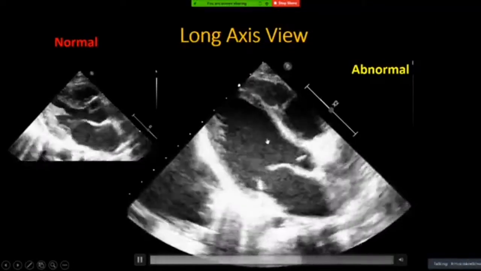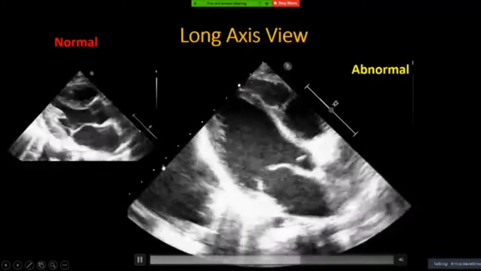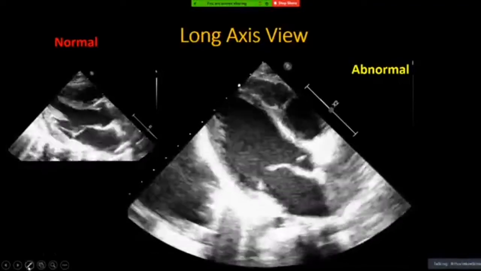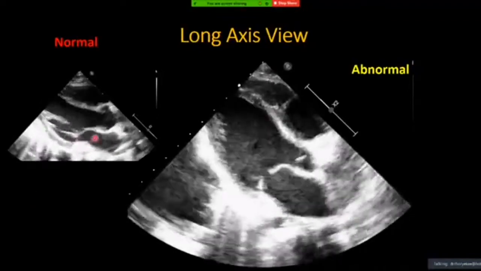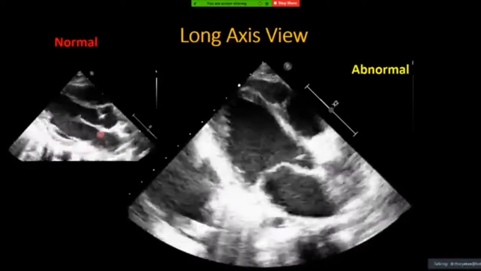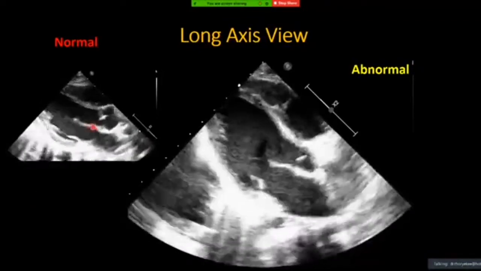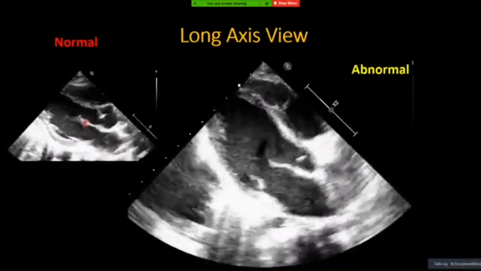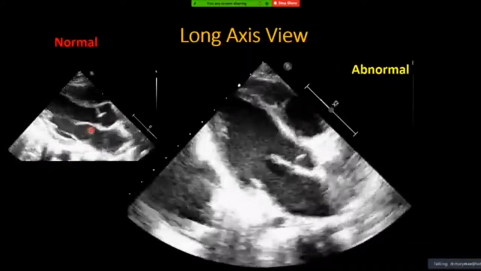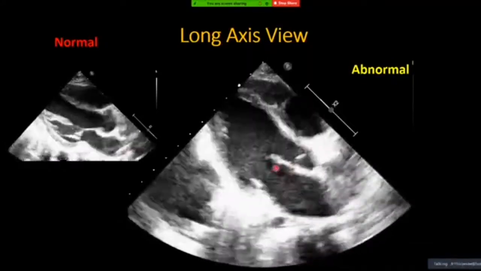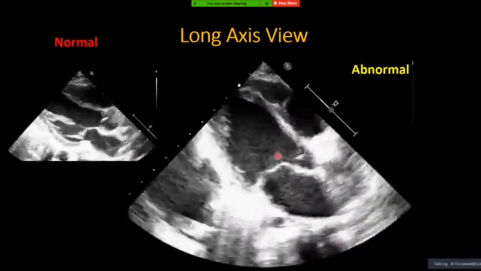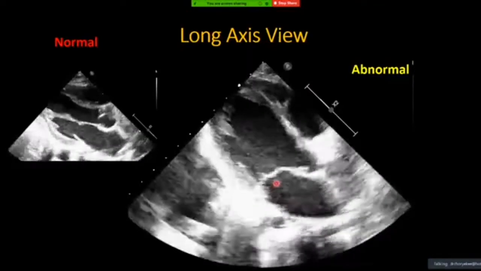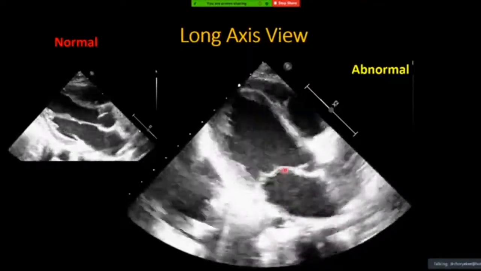After that, we look at the valve, okay? When you look at this valve, it is very happy. This is a very happy mitral valve, opening out nicely, right? And you see that this leaflet, when it contracts, is nearly touching the septal wall, okay? But when you look at this mitral valve, it doesn't seem to be very happy. It doesn't open very nicely, all right?